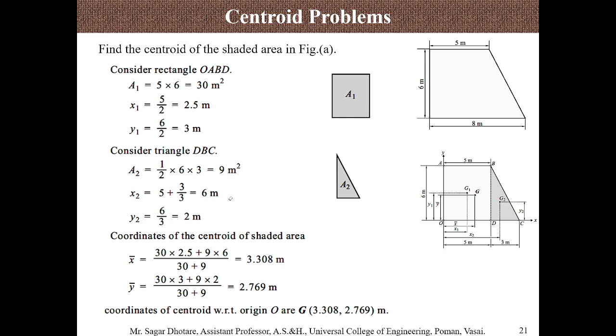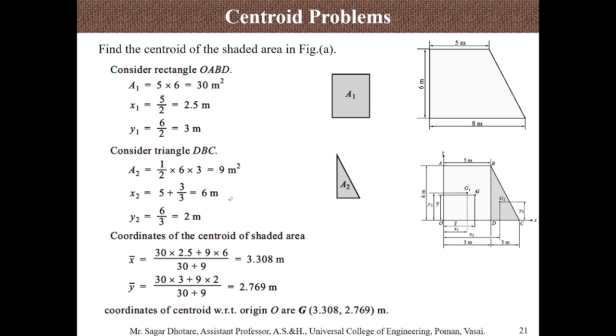First of all, based on the figure, identify the standard geometries: how many rectangles there are, what their dimensions are, and how many triangles, circles, semicircles, quarter circles or circular sectors are available. First of all, note them down.